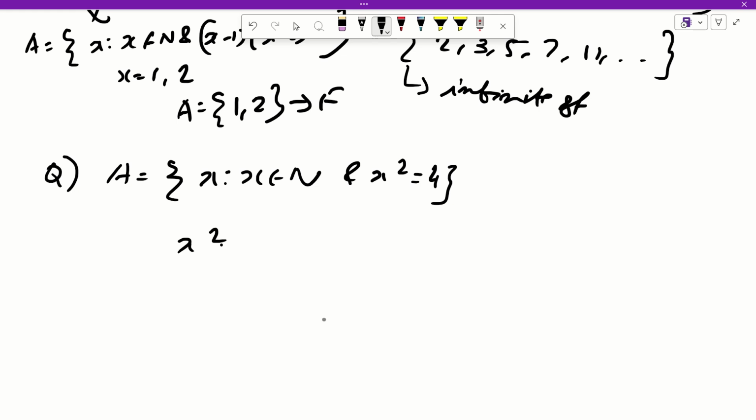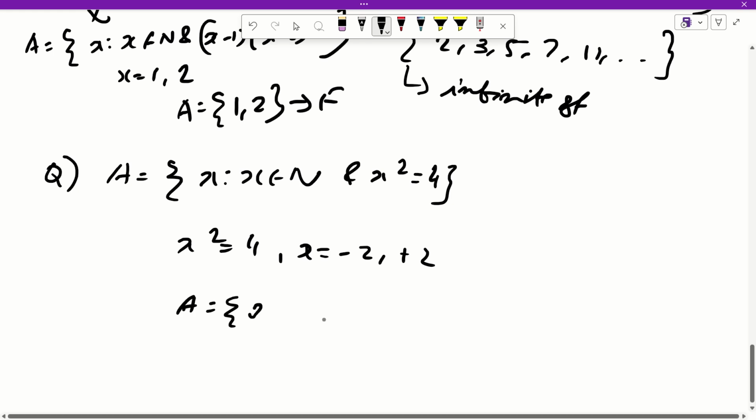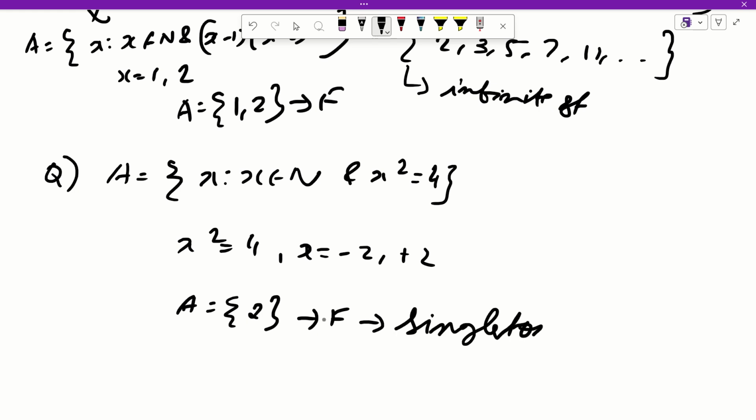Because x square is equal to 4, we know that x can be either -2 or +2. But since here x belongs to natural numbers, A is just the set {2}. This is a finite set. It also has another name, a singleton set, since it has a single element. Okay, this is an entrance point, guys, very important.